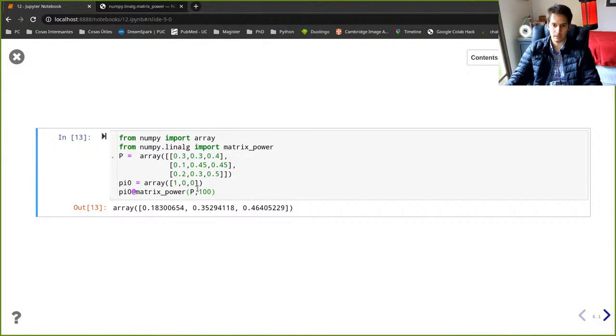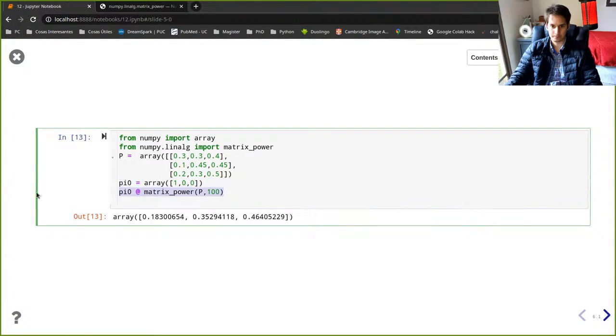Previously, instead of matrix multiplication, it was doing a pointwise multiplication. By doing matrix power, it is doing a matrix dot product 100 times, and that makes more sense because now the probabilities add up to 1. So this is pi 100, and obviously the probabilities need to add up to 1.